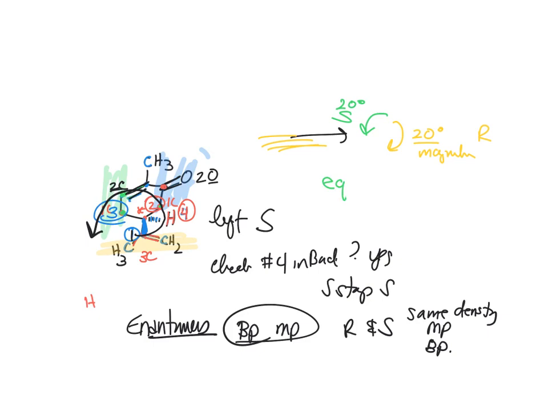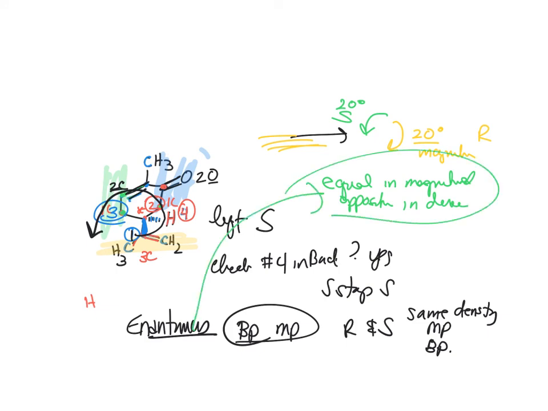So they rotate light equal in magnitude but opposite in direction. That is how enantiomers' physical properties are different. They have the same melting points, boiling points and densities, but they rotate plane polarized light in different directions.